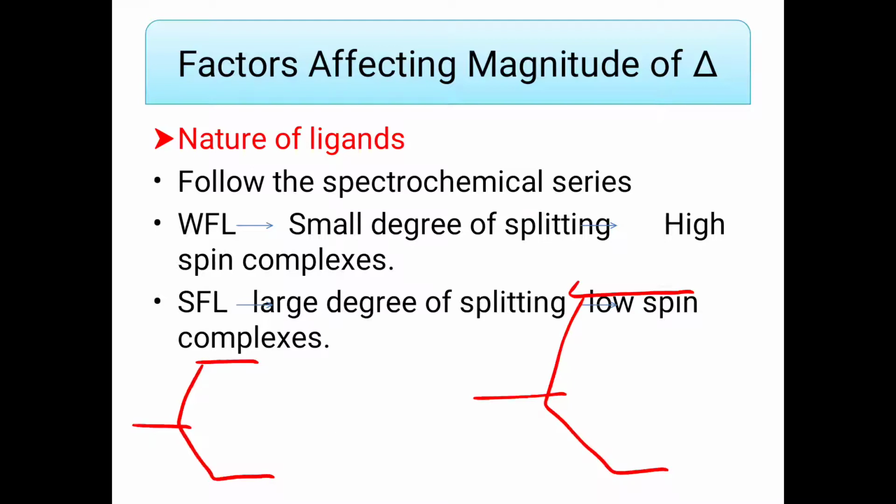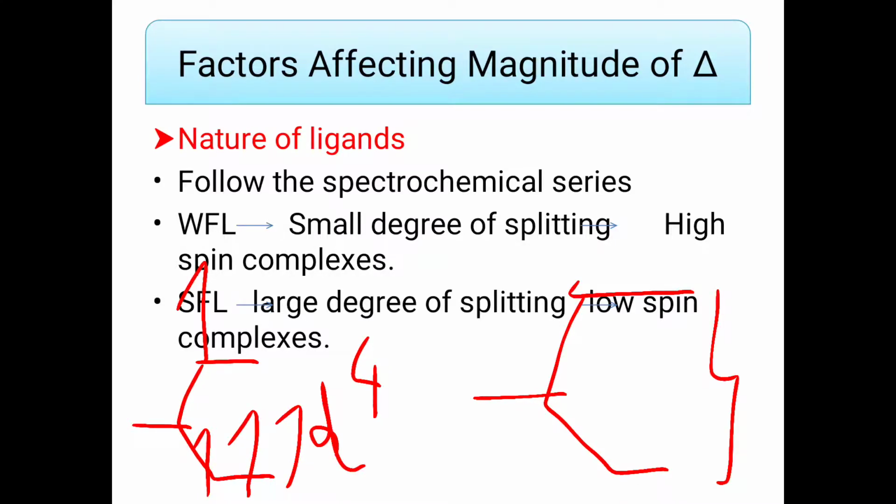Say you have a d4 species. It will first fill the lower orbitals, and later on, since the energy gap is less, it will go on top. But if you consider a strong field ligand, this energy gap is very big. So that same d4 complex, instead of going up, will start pairing.